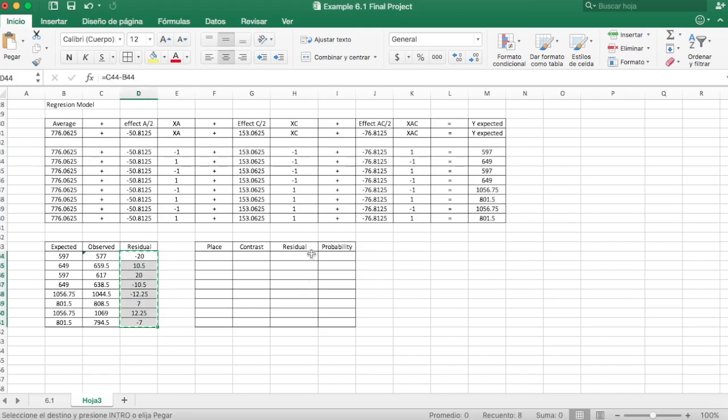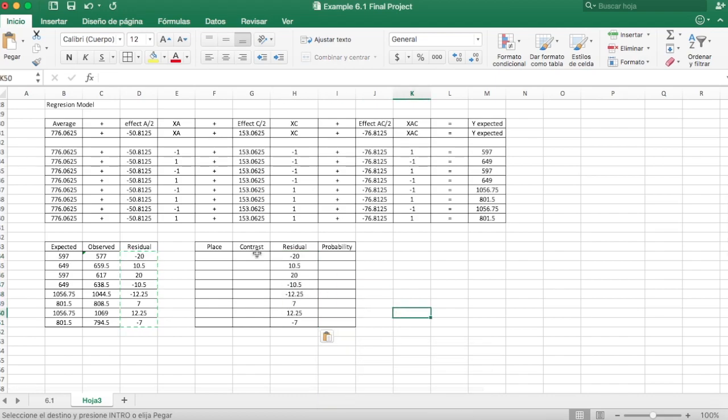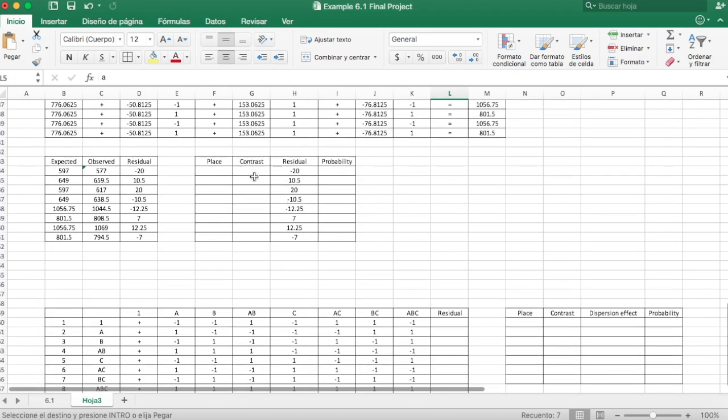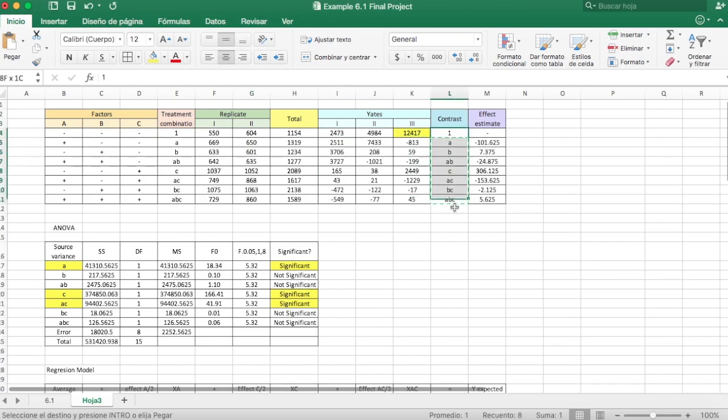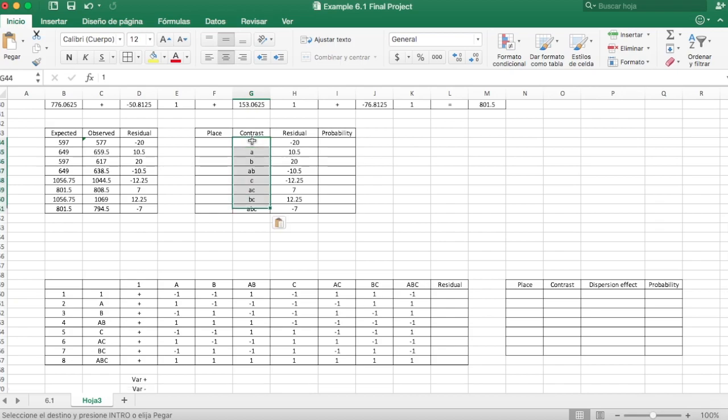So here we copy the residuals, just values, and the contrast that is right here. Oh, sorry, right here. Oh, I didn't get the 1, so it is all of the column. Sorry about that. You have it here.